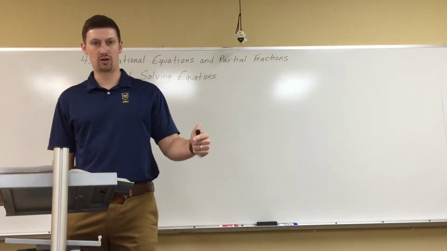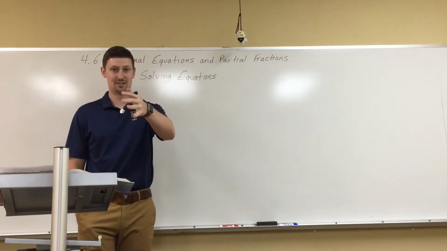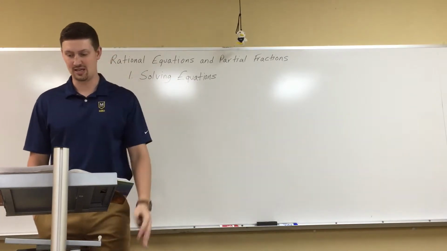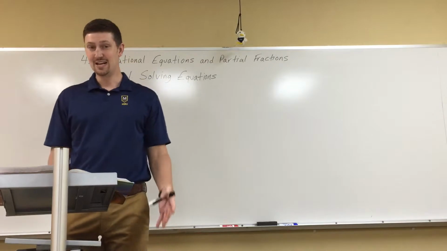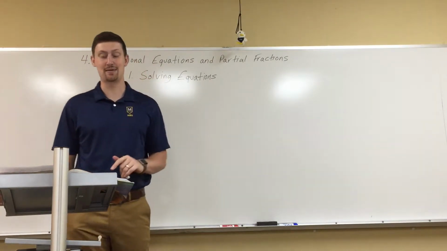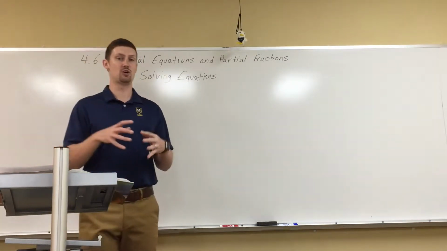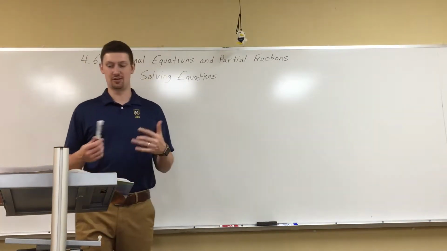Notice one or more means that there's usually more than one on each side of the equal sign. So there's a variable on each side of the equal sign. And you can solve these by multiplying both sides by the least common denominator, the LCD. We'll remind ourselves what that is in a minute. That'll simplify your equation down a little bit, and it'll make it easier to solve.